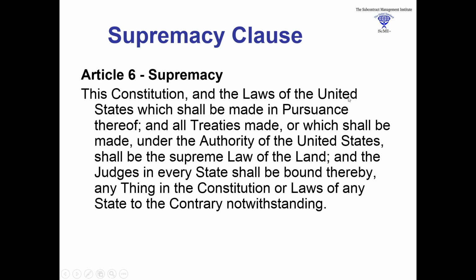And it does this by saying that the laws of the U.S., which the Constitution says are vested with the legislature, the House and the Senate, but the laws that are made under this Constitution, and all treaties made or which shall be made under this authority of the United States become, and these are the key words, the supreme law of the land. It is the highest level of law. If there's a conflict between that and any other law, the supreme law controls.